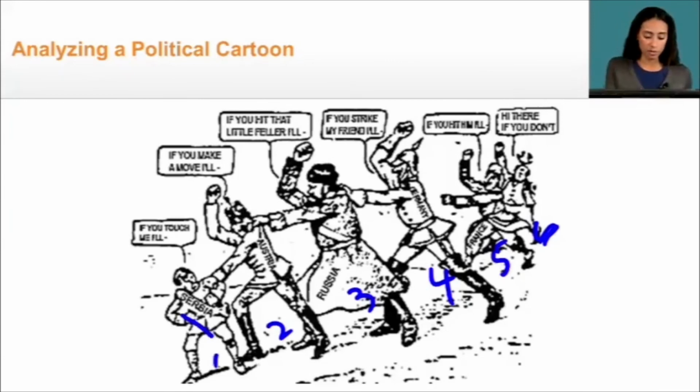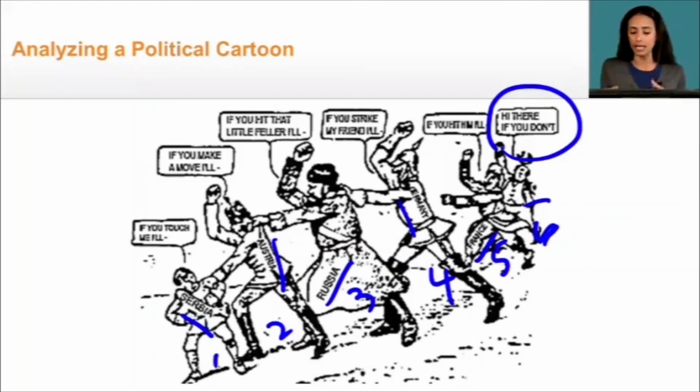So we've got Serbia, Austria, Russia, Germany, France, and maybe this is supposed to be the U.S. It doesn't say what's happening or the name of the country there. But you can see that it's saying, hi there, if you don't. So it maybe is England, and then you can see the person representing France says, if you hit him, I'll.